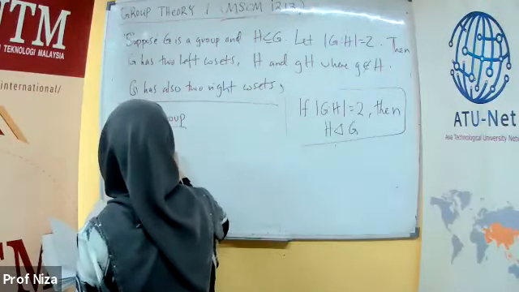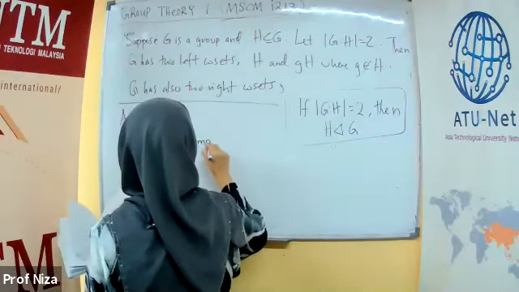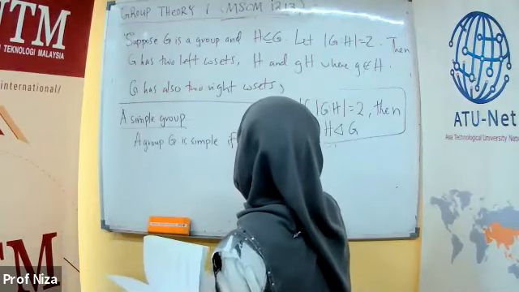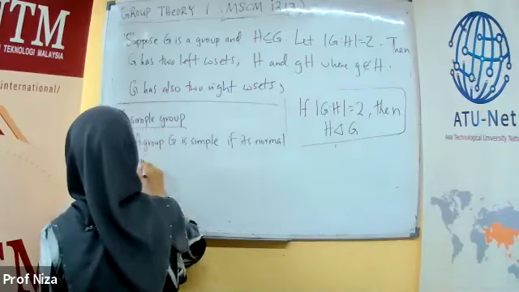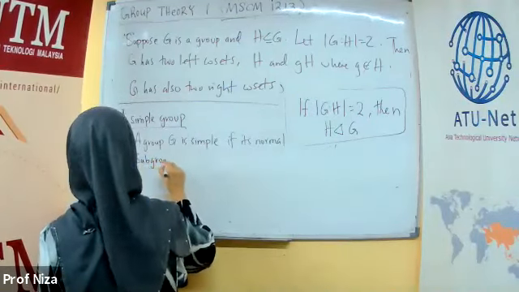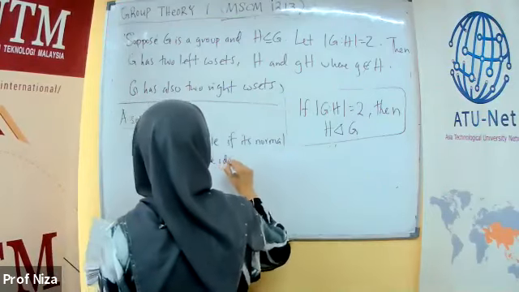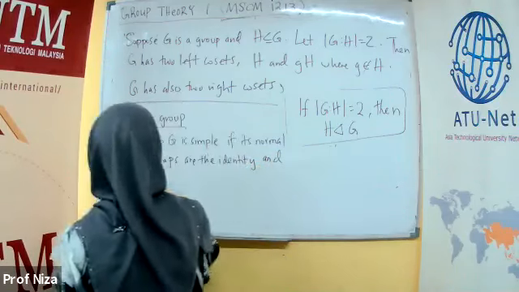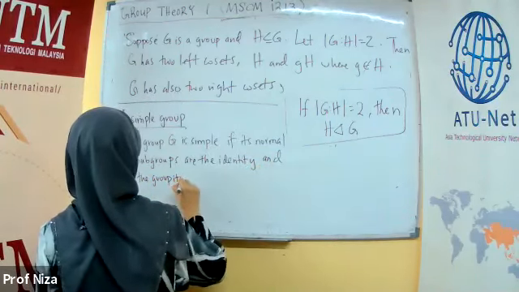A group G is simple if its only normal subgroups are the identity and the group itself.